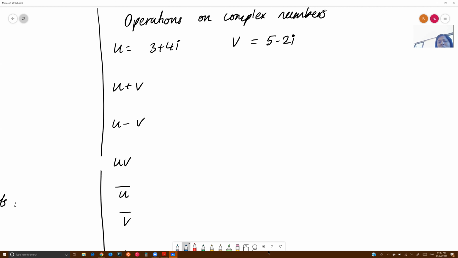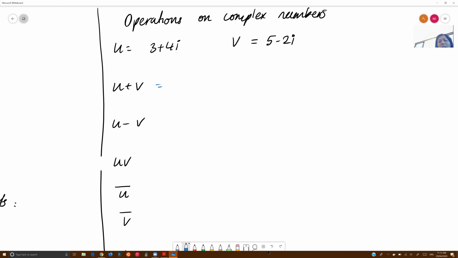So u is this complex number here, 3 plus 4i, and v is another complex number, 5 minus 2i. When you're adding them, we're actually just doing simple algebra. The imaginary parts are like, and the real parts are like.